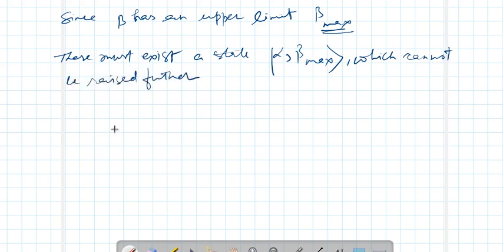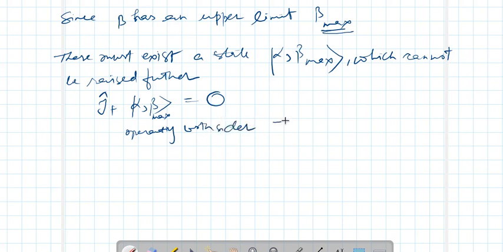If I operate this with the raising operator, its value will be equal to 0, and β has reached its maximum value. Now operating both sides with the lowering operator, it becomes J−J+|α,β_max⟩, and it must be equal to 0.